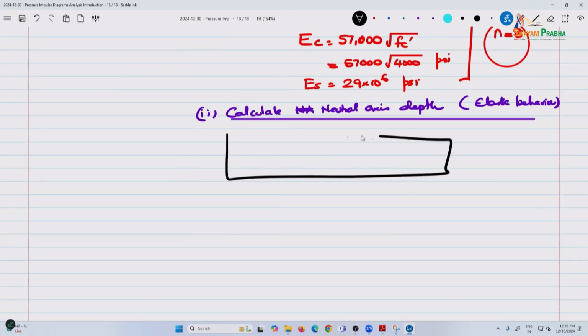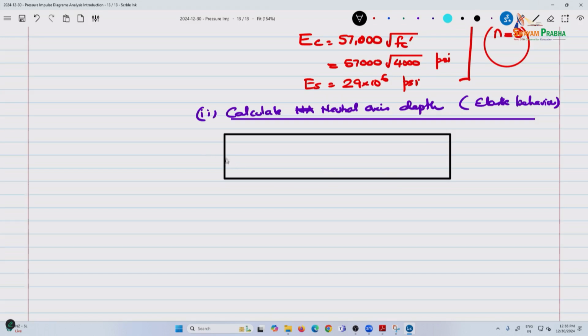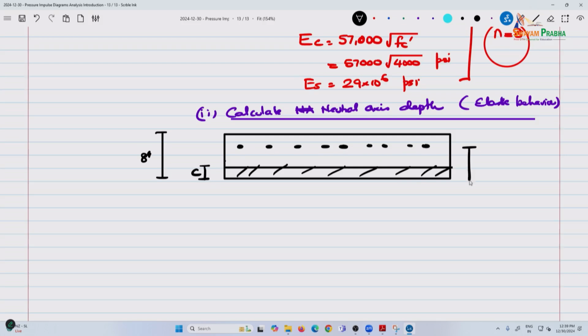So this is your slab, this is 8 inches, this is your neutral axis, depth C, this is steel reinforcement at 6.25, and remember we are considering 1 foot of it. So the area of steel is 0.4 square inches.